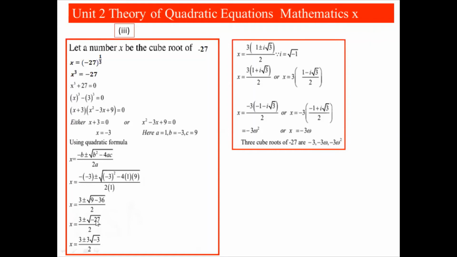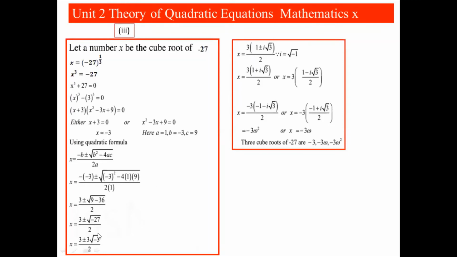So we take 3 outside the square root. So 3 plus minus square root of minus 27 divided by 2 can be written as 3 plus minus 3 square root of minus 3 divided by 2, and square root of minus 3 can be written as square root of 3 iota, since iota is equal to square root of minus 1.